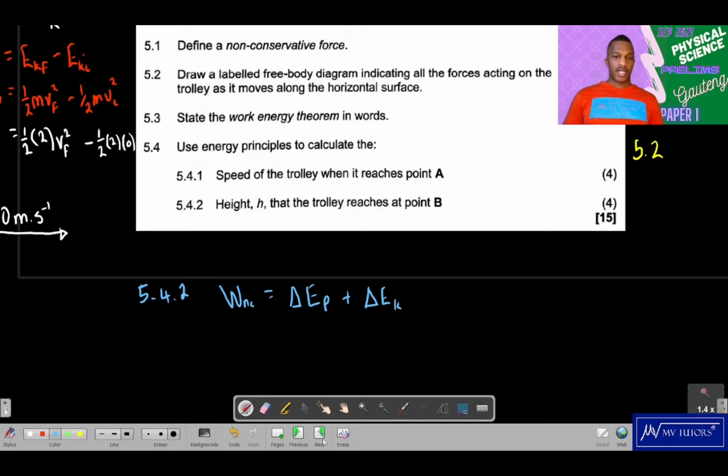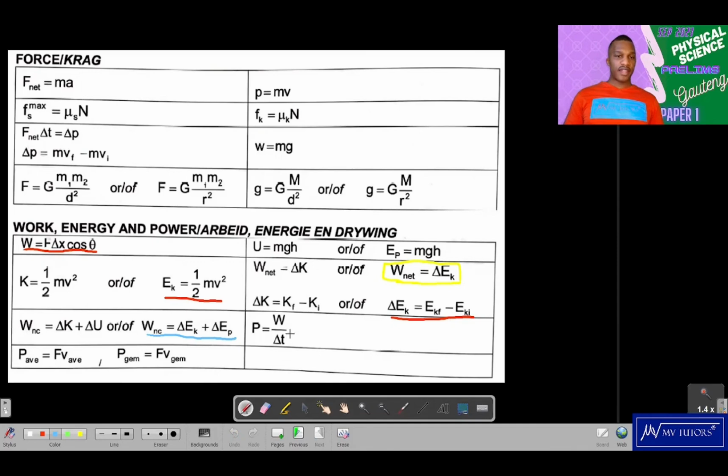All right, let's go further then to define them individually. So what we'll do, change in potential energy. Potential energy is given by this formula right here. You can see there, even though I've cancelled it, it's mgh.